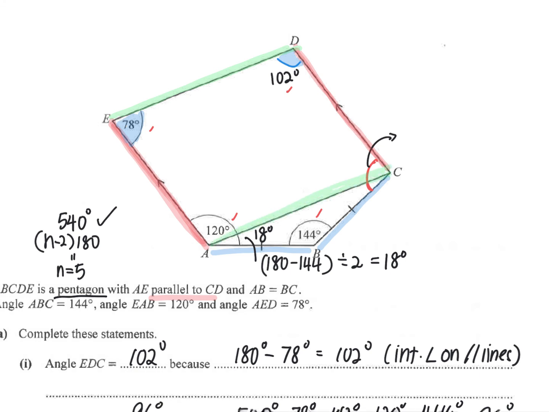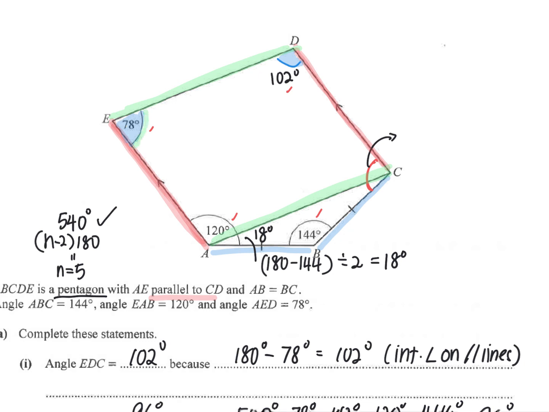In this case, I don't have corresponding angles, and hardly any alternate angles, so most likely we are going to show interior angles on parallel lines. So let's look at interior angles.